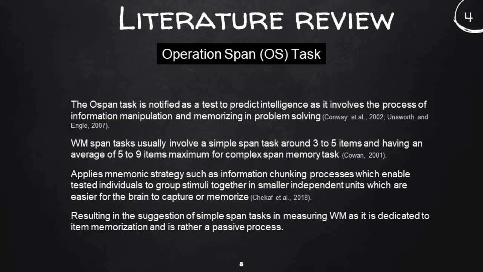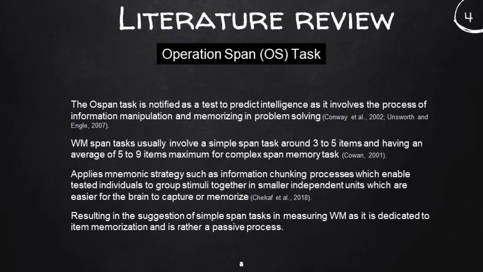The O-span task is noted as a task to predict intelligence, as it involves the process of information manipulation and memorizing in problem solving. Working memory span tasks usually involve a simple span task of around 3 to 5 items and an average of 5 to 9 items maximum for complex span memory tasks.